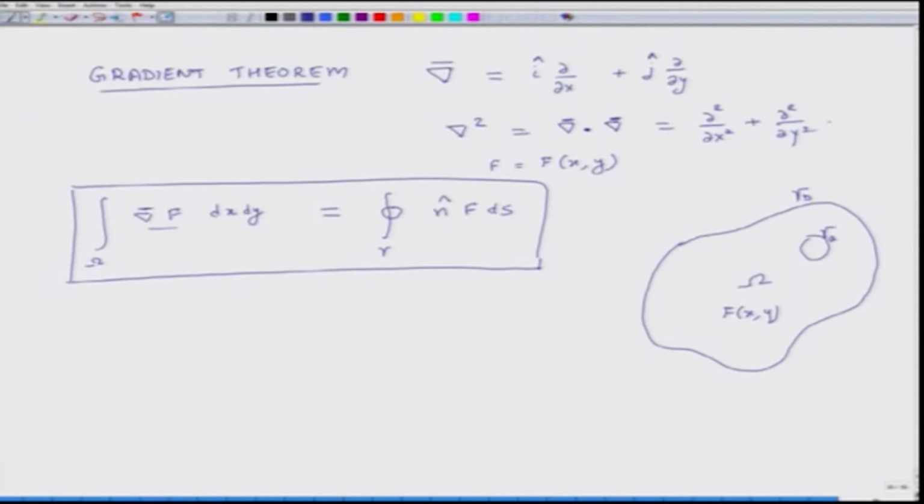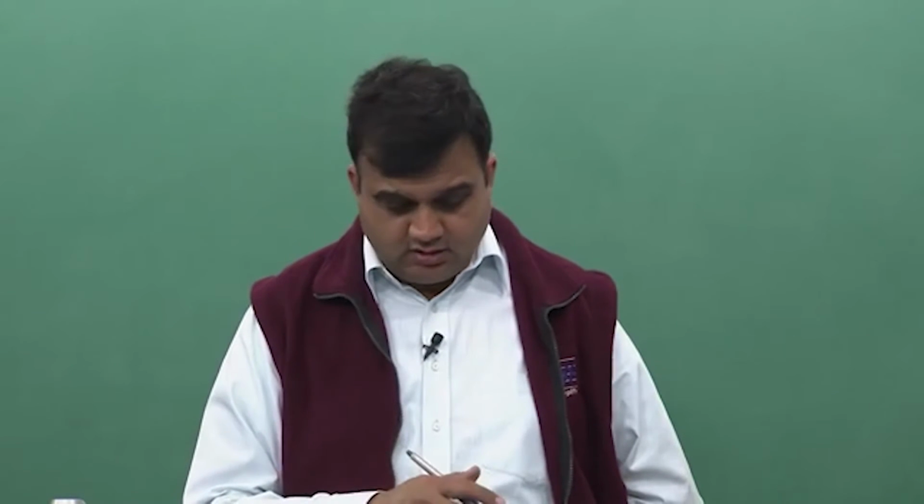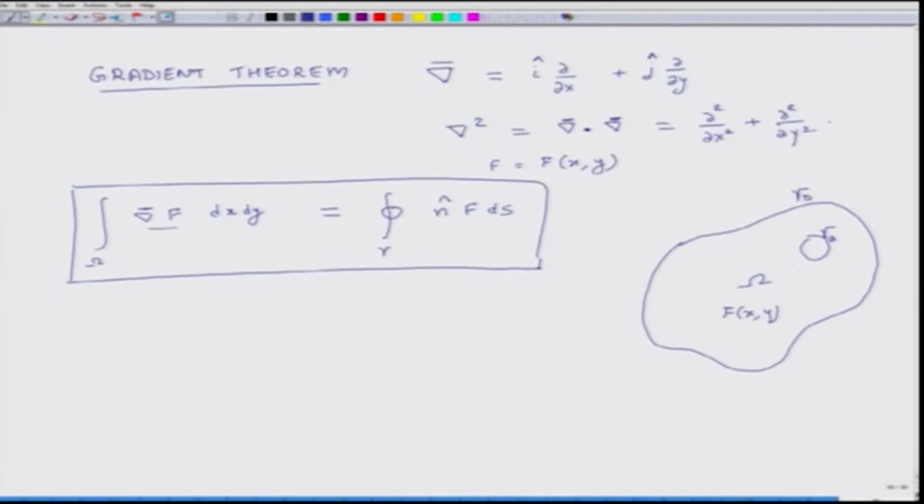Then the gradient of temperature will have two components, partial in x and partial in y. If I integrate these gradients over the whole domain, that integral is equal to this boundary integral of the function. S represents a small portion of the boundary. So, this is my ds, and the normal is this.